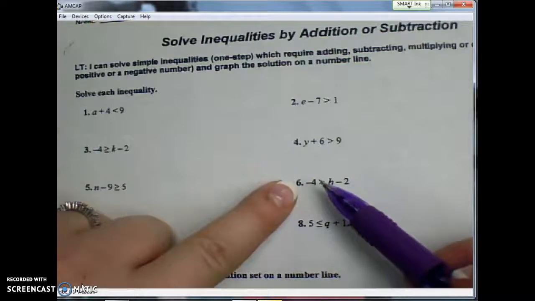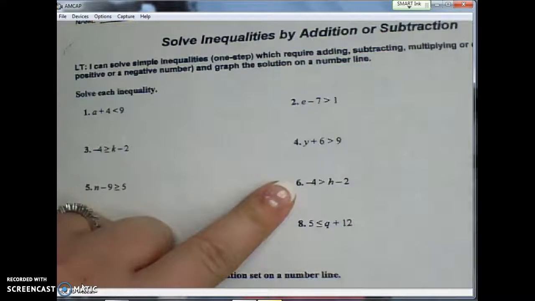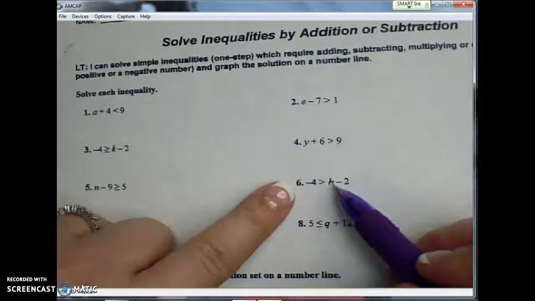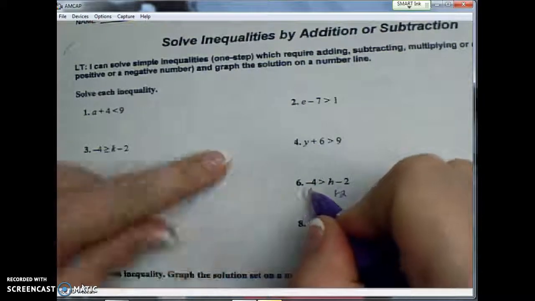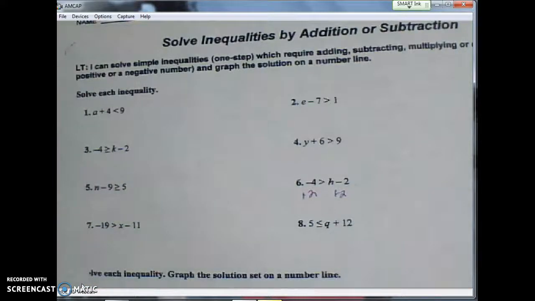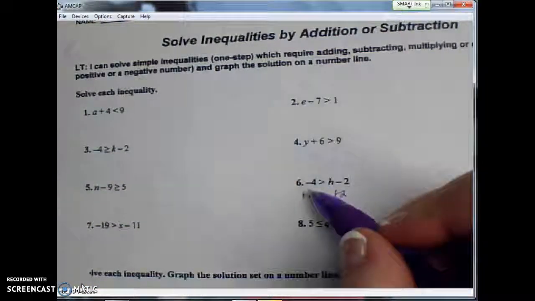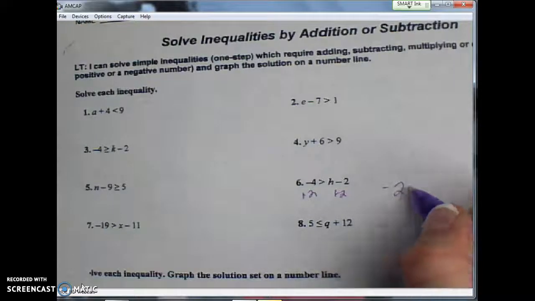We have negative 4 is greater than h minus 2. So there's my variable here on the right side this time. So to undo subtracting 2, I'm going to add 2. And so we get negative 2 is greater than h.